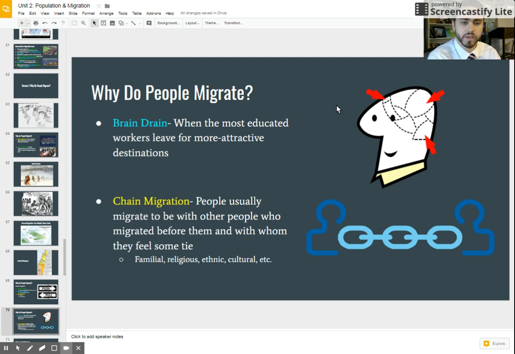The other pattern we notice is chain migration. People oftentimes like to move with family members or people that share their culture. So oftentimes what you see is family members or maybe somebody from your country or neighborhood moves to a new place, and oftentimes people follow them.